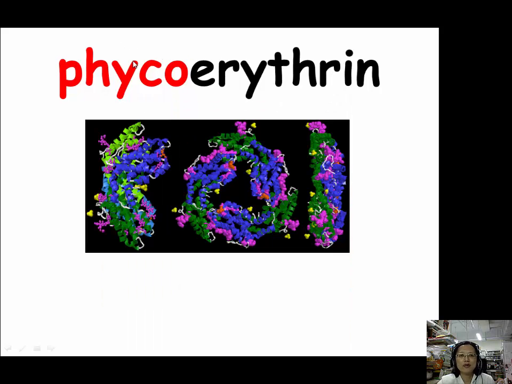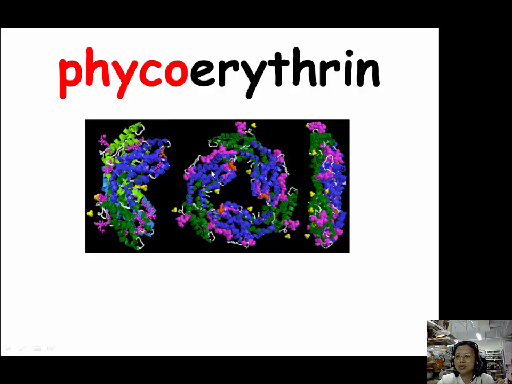And one more example for phyco is phycoerythrin. In this PowerPoint, this is the structure of phycoerythrin. It is a red, light-harvesting protein found in cyanobacteria, red algae, and the cryptophytes.